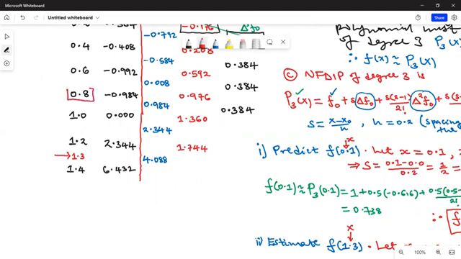I said any value above 1.3, and when you read sloping downwards, should give you the higher order differences. Remember here there was a 0.384 which I didn't write.